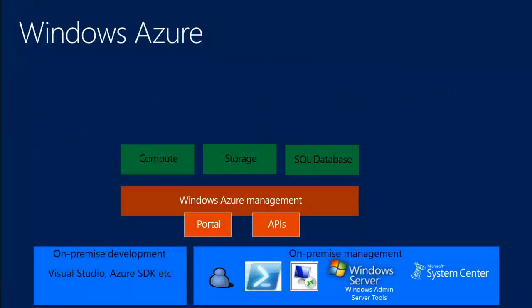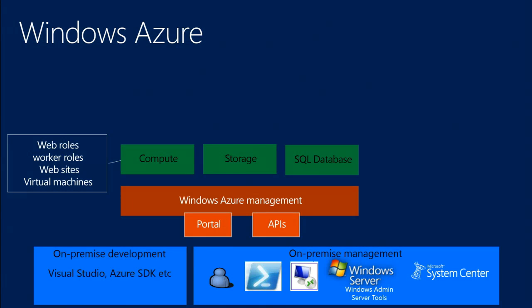So Azure, first of all, just to set the scene, is a platform on which we can have compute engines, storage engines, and SQL database, and there are various compute roles: web roles, worker roles, websites, and virtual machines. The websites and virtual machines, as infrastructure as a service style virtual machines, came out in 2012.